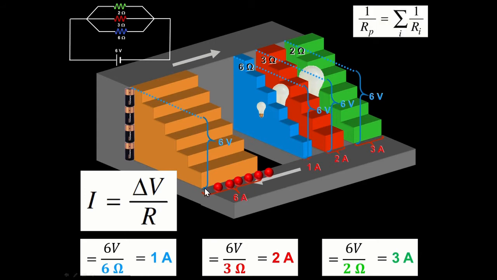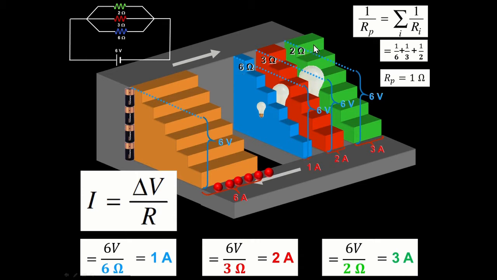Another way we could have done that to find the 6 amps is by finding the total resistance. Now the total resistance in parallel is 1 over 6 plus 1 over 3 plus 1 over 2. You get an answer. That answer is equal to 1 over the resistance in parallel. And then you take 1 over that answer, and you find that it would just be 1 ohm of resistance altogether.